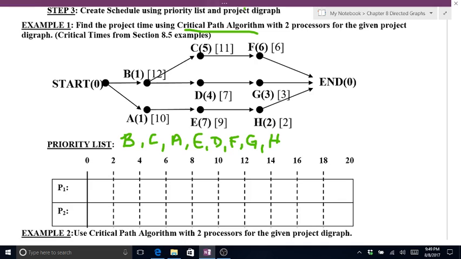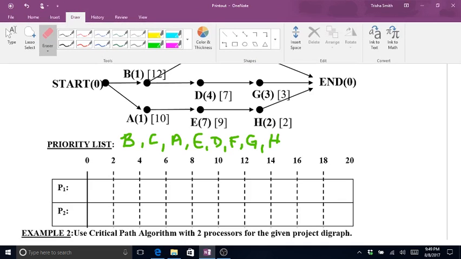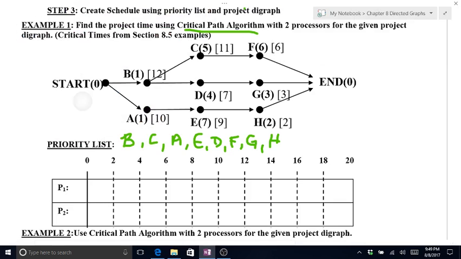We still have to follow the digraph according to what can be used. Remember, when we schedule, we're not scheduling by critical times, we're scheduling by processing times, the ones in parentheses. So please be careful there too.